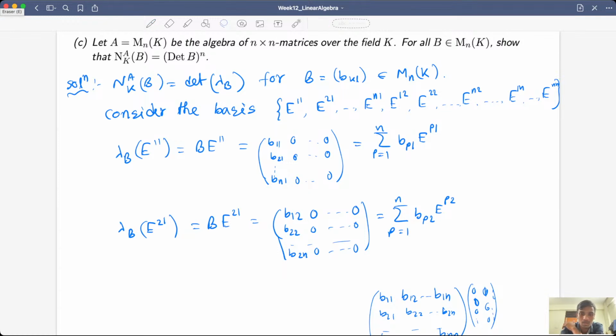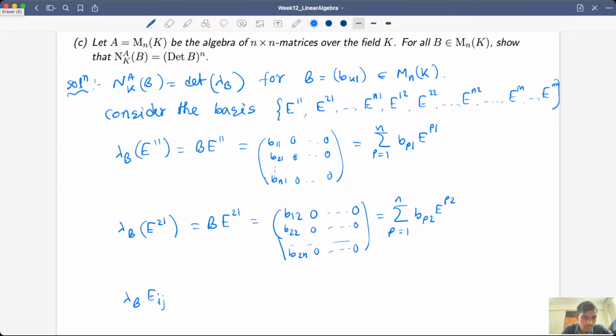So in general, if I write lambda_b of E_ij, then this will be a matrix, the sum over p equal to 1 to n of b_pj E_pi.